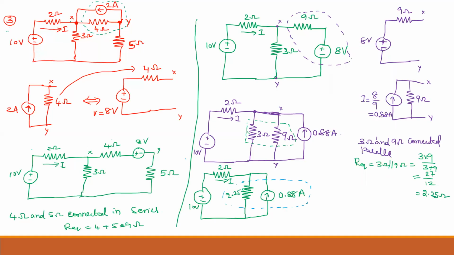Again you mark x and y for your reference. Just mark this is x, this is y, to avoid confusion. That's all. So now here I will draw the current of 0.88 ampere with a parallel resistance of 2.25 ohms.